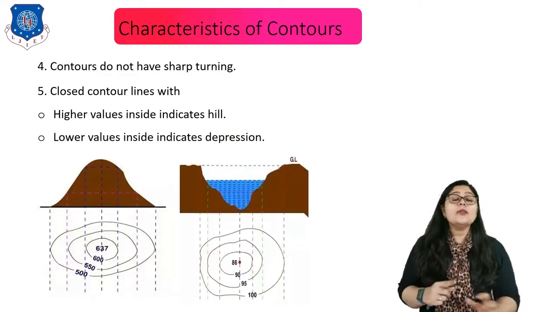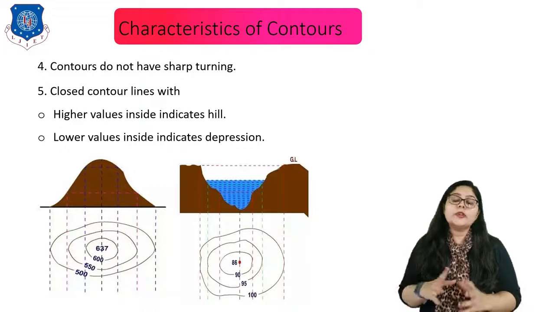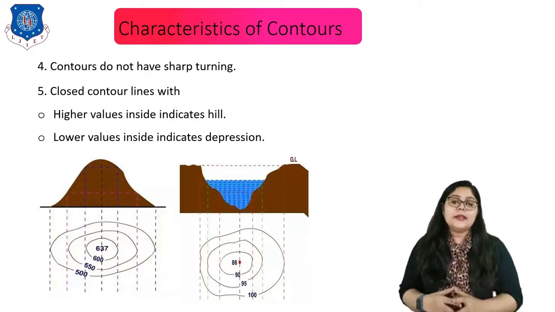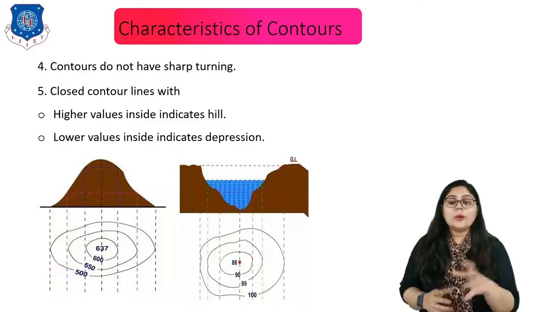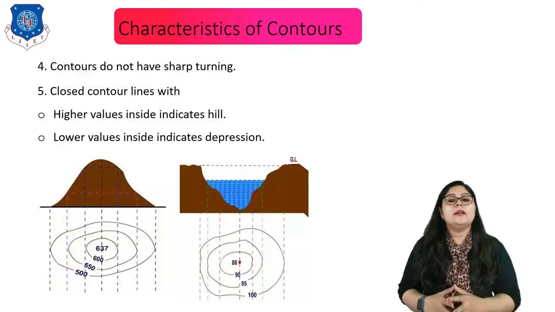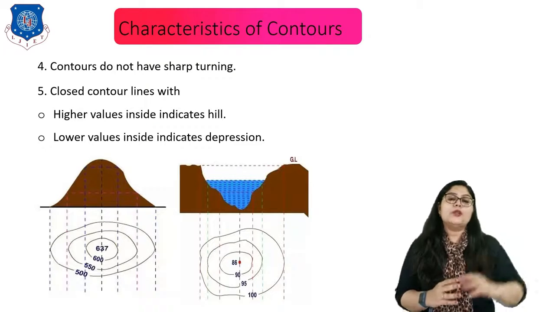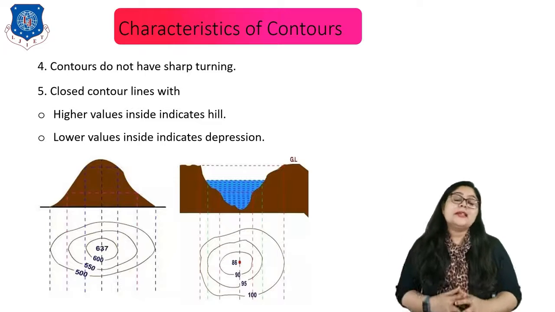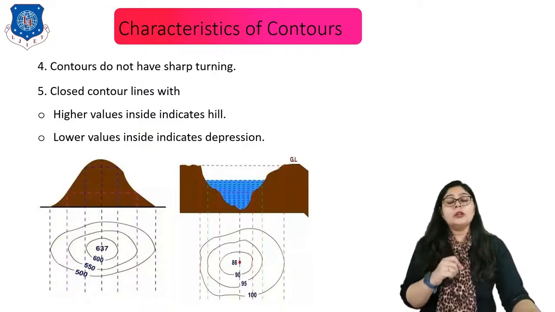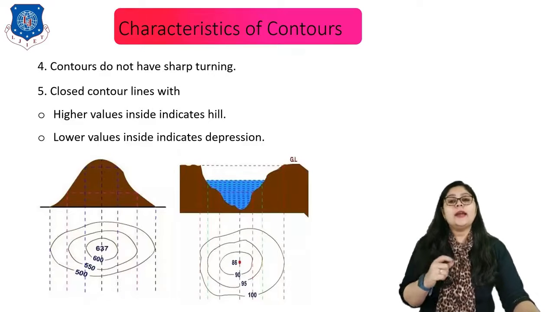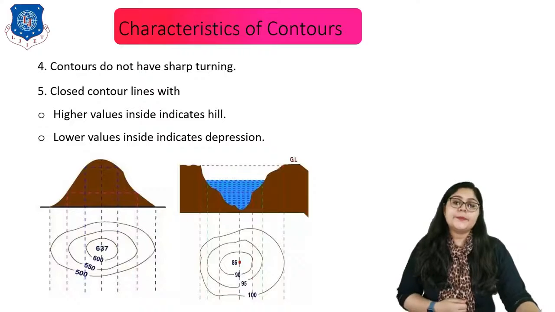In the same way, a lower value inside indicates a depression, because it is the opposite of the hilly area. Here the lower portion, 86, is in the center. Then it increases, and as you go to the bank of a river, it increases up to 100, as shown in this figure. That is very important to understand in order to read any contour map, right? Whether it is a hilly or valley condition, right?